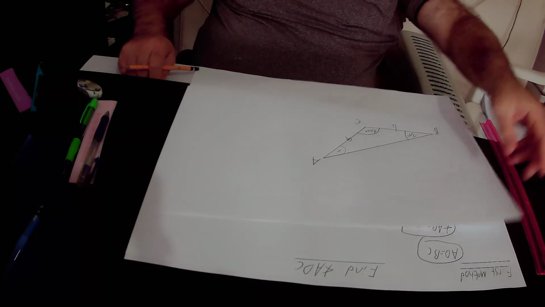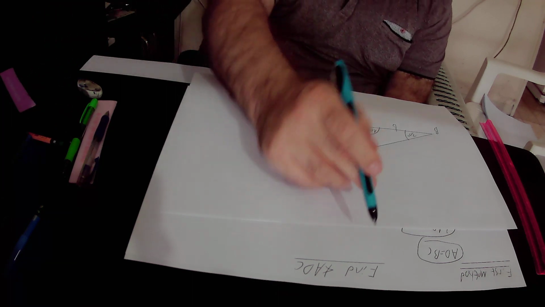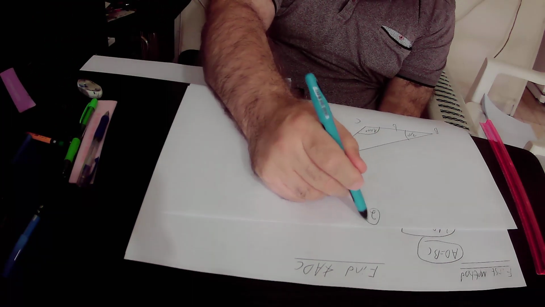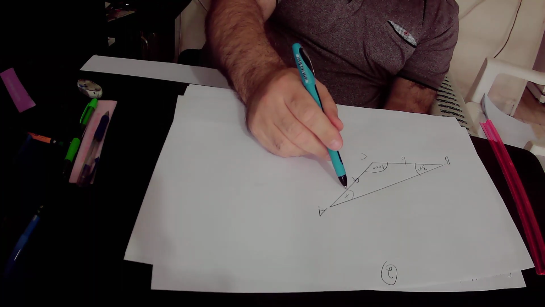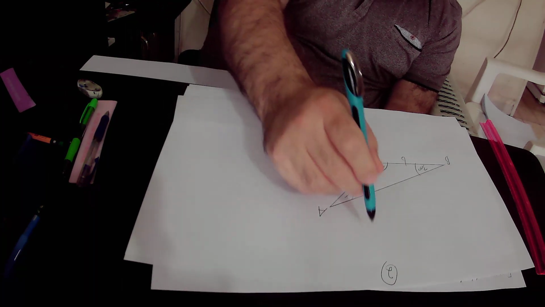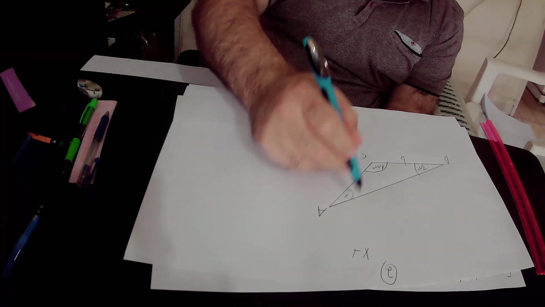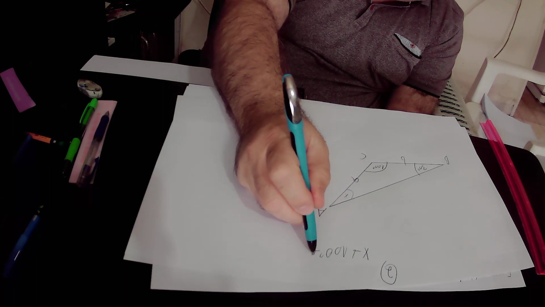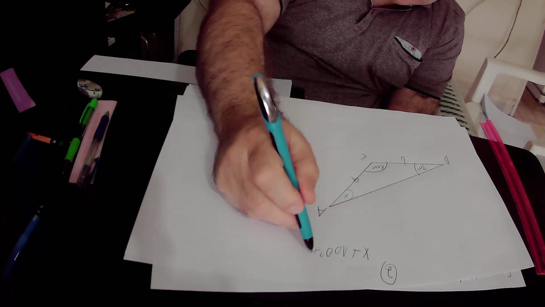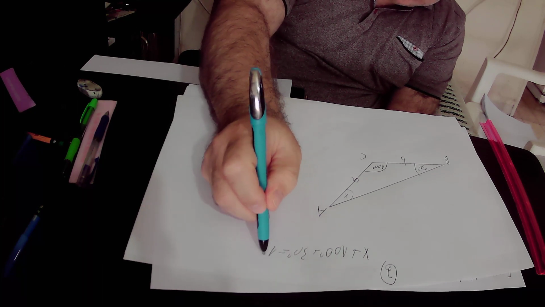That is to say, we define the missing angle as angle X. So angle X plus 100 degrees plus 30 degrees must equal 180 degrees.